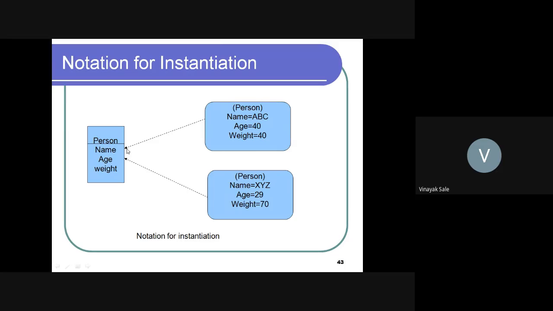It has two objects: person first has name ABC, age 40, weight 40. Similarly, person second has name XYZ, age 29, weight 70. These are the different notations. So the dotted arrow indicates the relation between objects and class.